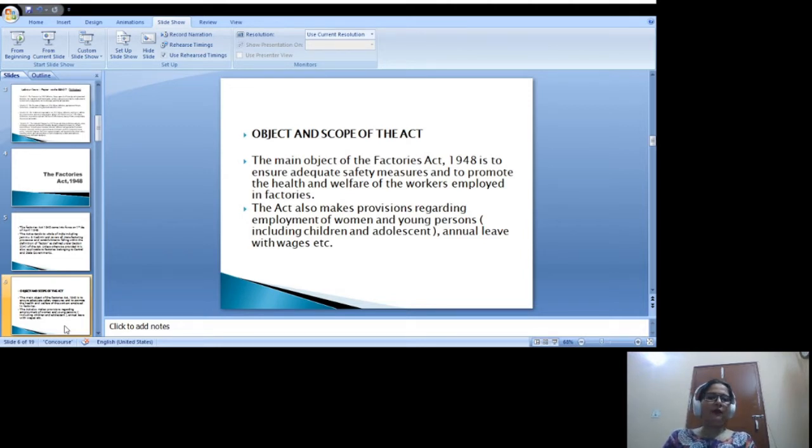So mainly this Factories Act 1948 works for the safety, health and welfare of the workers which are employed in the factories.